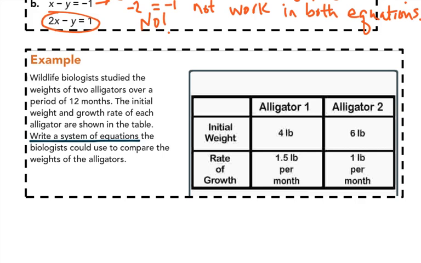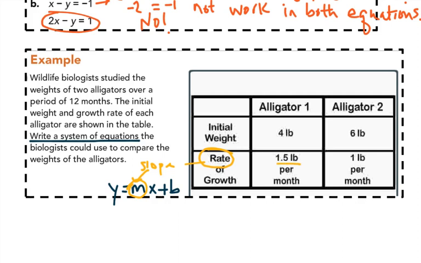So let's refer back to material that we've learned in the past. When we see the word rate, we need to think of slope. The rate is the slope. So that when we have the equation y equals mx plus b, you need to know that the slope is the m value.